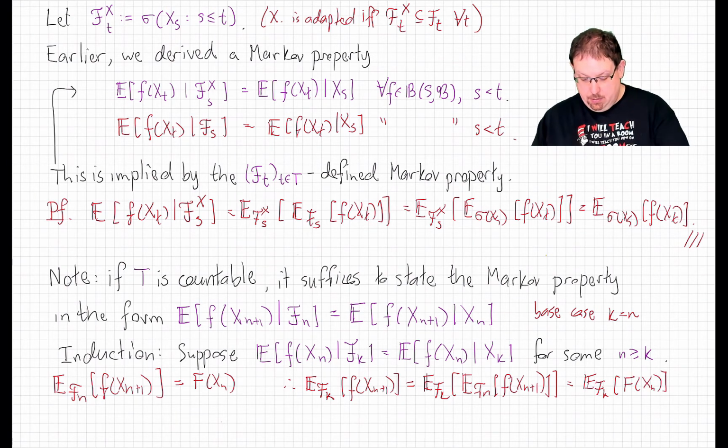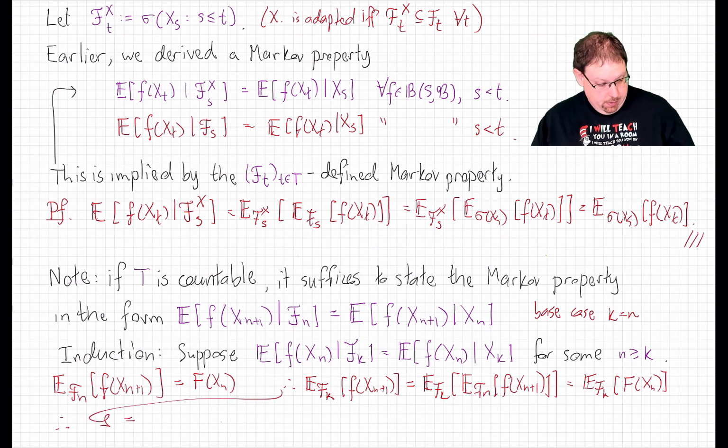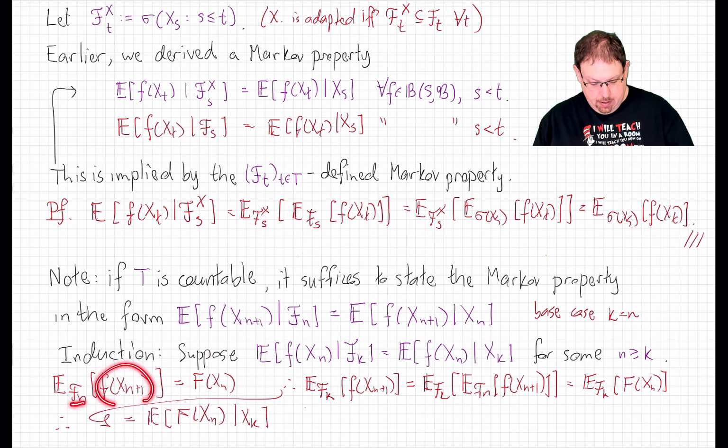Now I'm set up to use the strong inductive hypothesis here. We showed that at stage n, I can reduce this to conditioning on the random variable Xk instead of the sigma field Fk. So therefore we get that this is equal to the conditional expectation of capital F at Xn given just Xk. Now inside, this is just the conditional expectation onto Fn of this function of the process at time n plus 1.